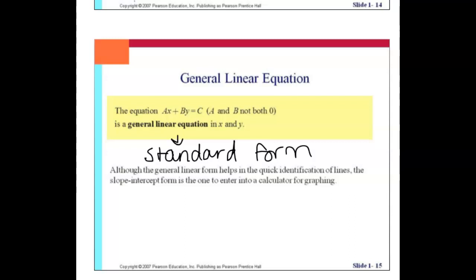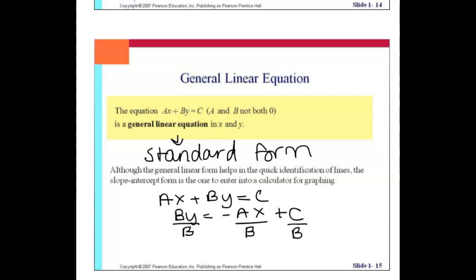If you have a standard form, the slope is always negative a divided by b. Because again, if you would rearrange that form of ax plus by equals c, you are always going to get by equals negative ax plus c all over b.